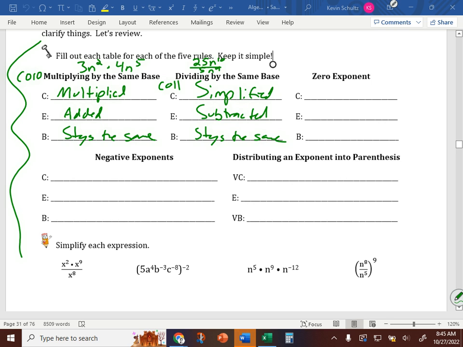0 exponents, CO12. This one's kind of obvious. If you have a power of 0, you know that you're going to be using the 0 exponent rule. And the coefficient, Andrea, stays the same. This is the one where the role of the coefficient and the base kind of flip-flop, right?